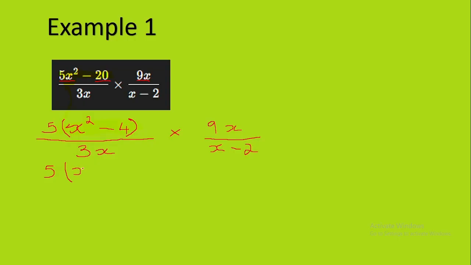That will just be a simple x. Whenever we factorize a difference of squares, we have plus and minus, so plus 2, because the square root of 4 is 2, and our x minus 2.